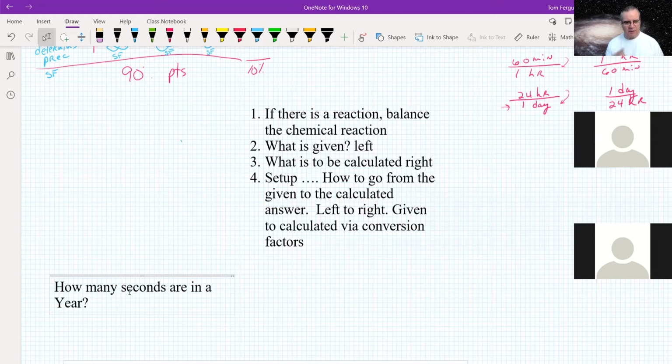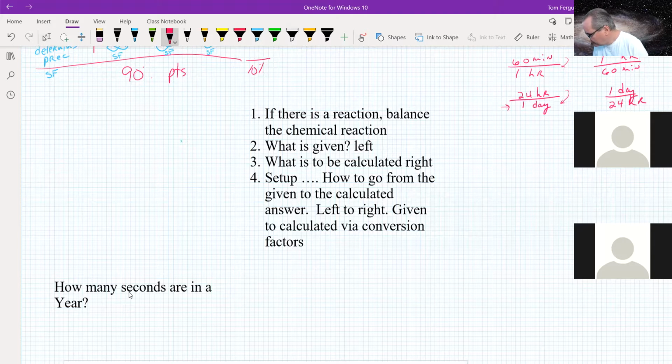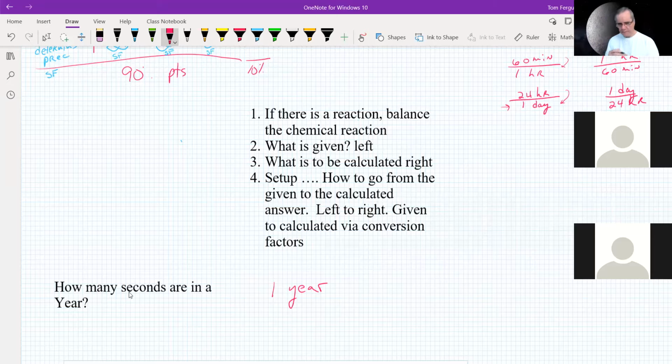Step number 1, is there a chemical reaction going on? No. So we skip that. Step number 2 is what's given. What's given is 1 year. So that is going to go on the left. And when we try to calculate seconds, that goes on the right.